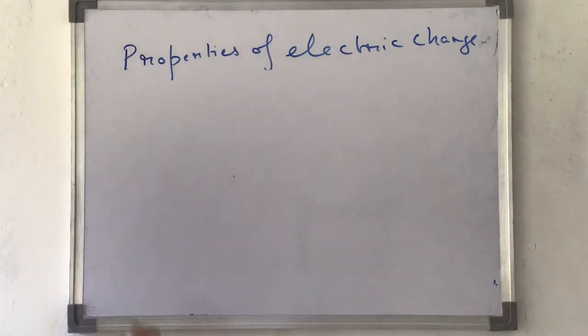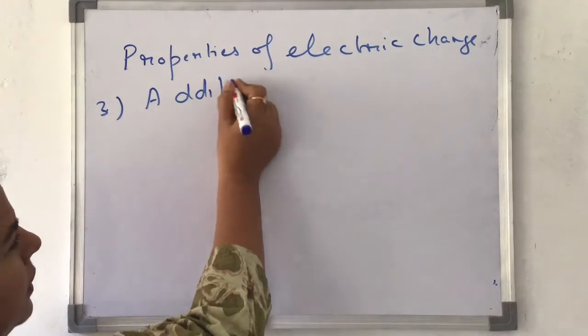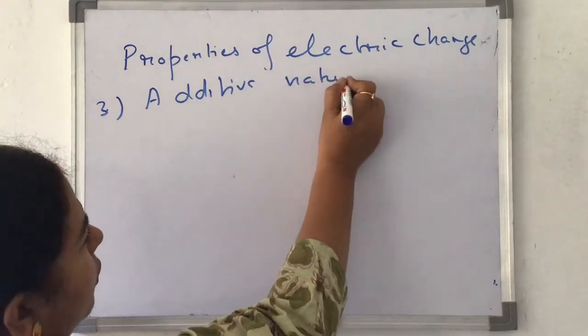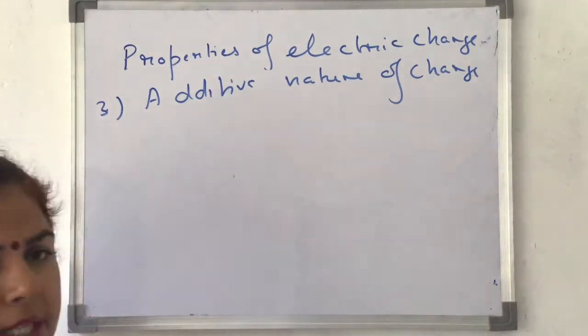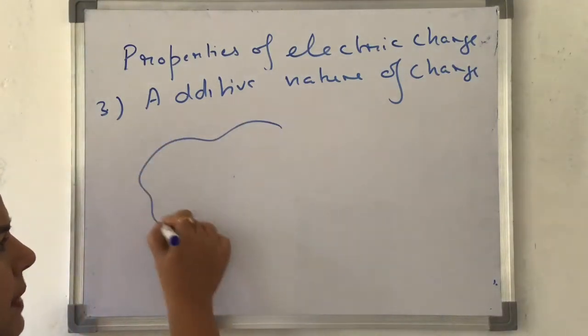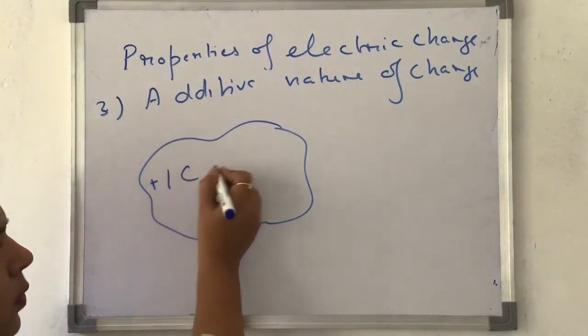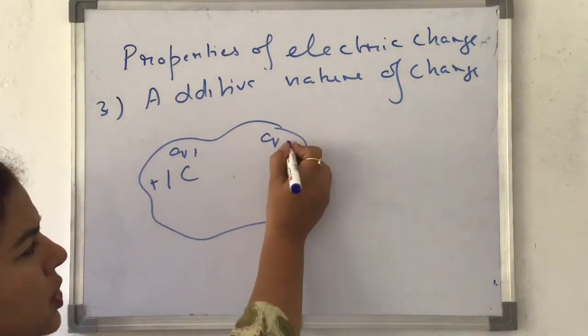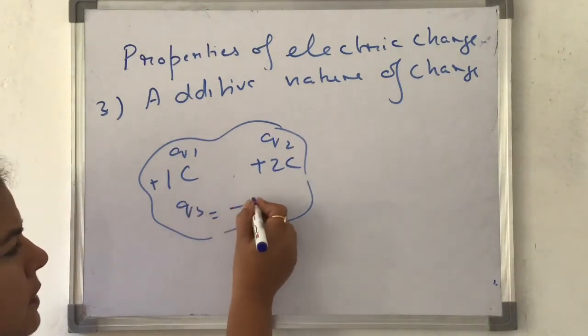The third law says about the additive nature of charge. What do you mean by additive nature of charge? That means if an object is there, let me consider randomly an object. The charge on it is Q1 equal to 1 coulomb. Then another charge Q2 is plus 2 coulomb. Then Q3 charge is minus 5 coulomb.